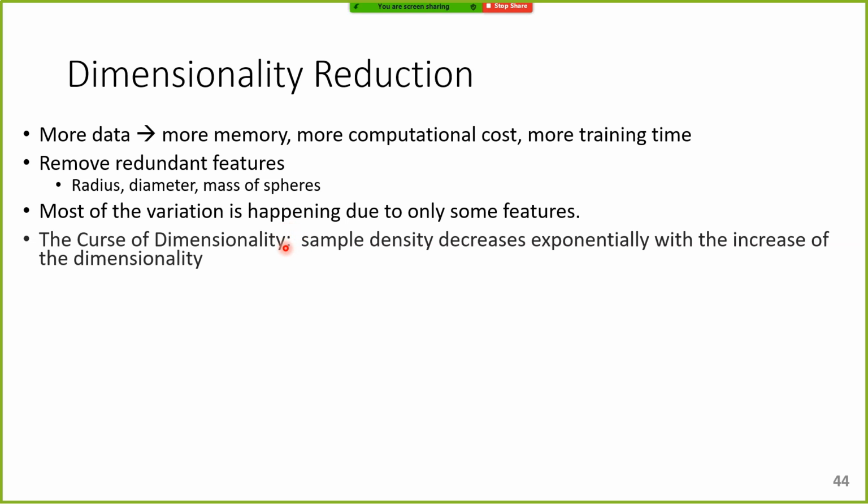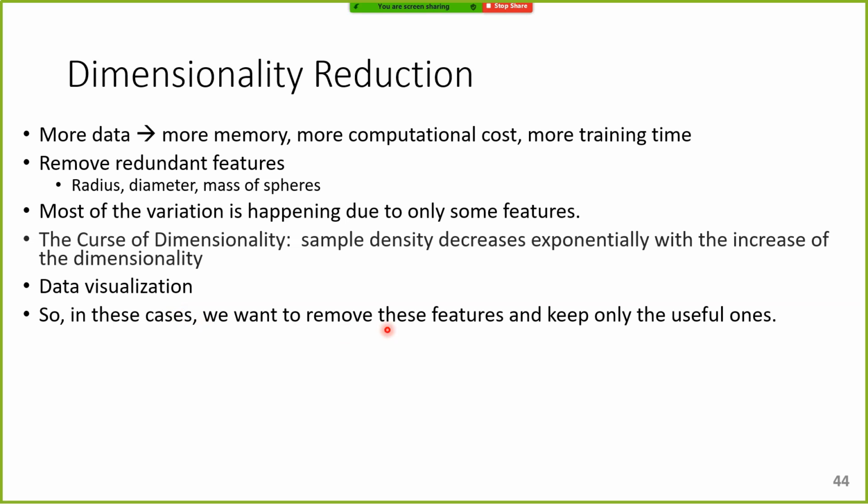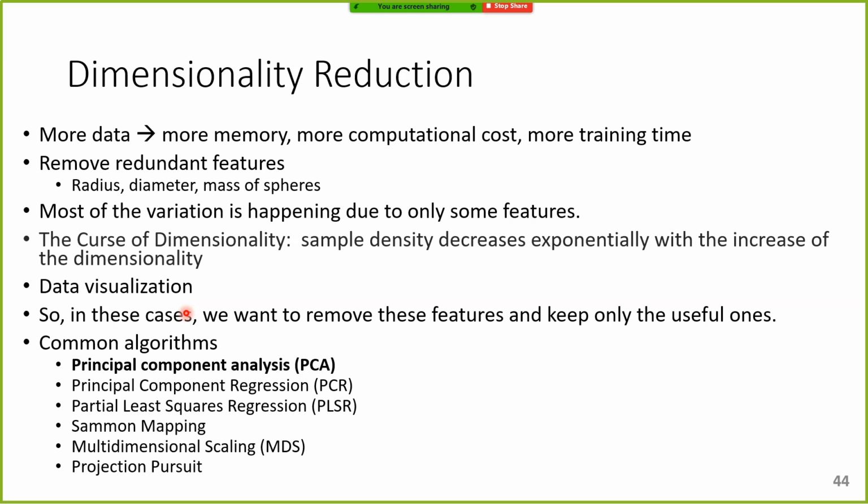But from that point onwards, if we further increase features, the performance of the model will reduce, because the sample density decreases exponentially with the increase of dimensionality. Again, for data visualization purposes, we also want to reduce the dimensionality. So we want to remove those features and keep only the useful ones. Common algorithms used for dimensionality reduction are these ones, and we will discuss only principal component analysis, PCA.